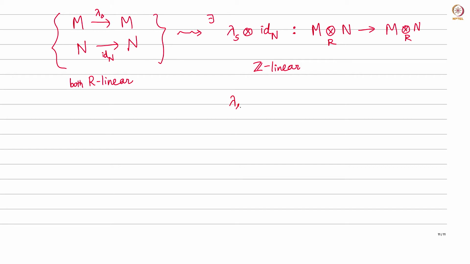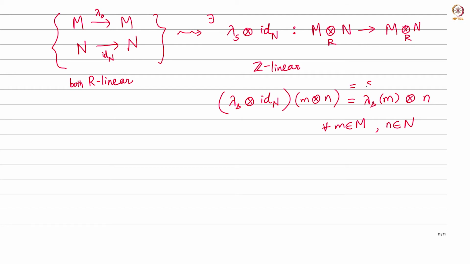So recall the definition of this map is the following: when it acts on a generating tensor m tensor n, it gives lambda S of m tensor identity on n, for all m and n. And left multiplication of m by S is of course just sm. So there is such a map definitely which acts like this, and that's how it acts on the generators.